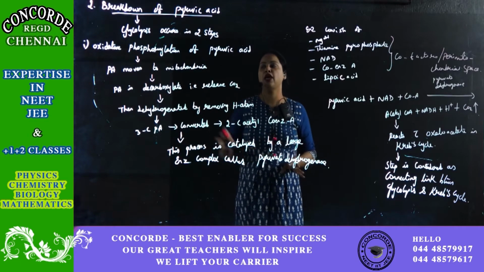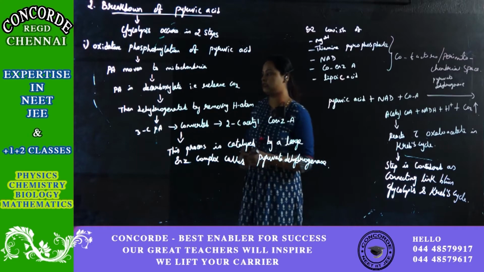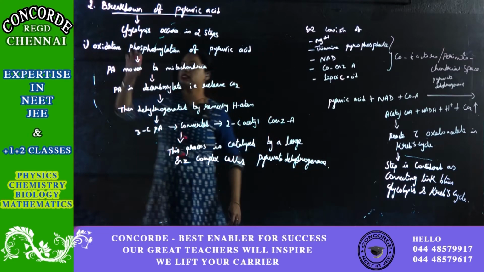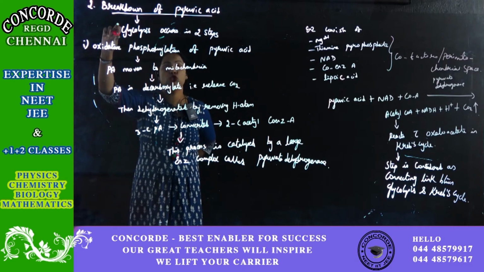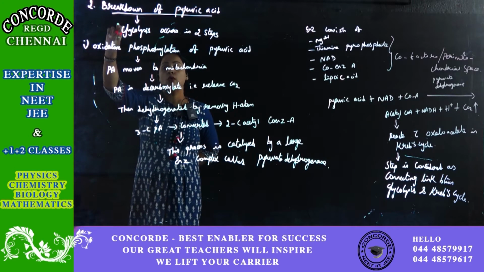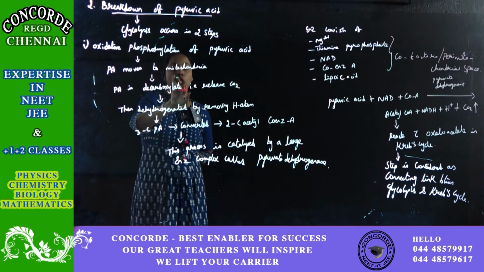First, we'll see the oxidative phosphorylation of pyruvic acid. Once pyruvic acid is produced in glycolysis, both molecules will be moved to mitochondria.